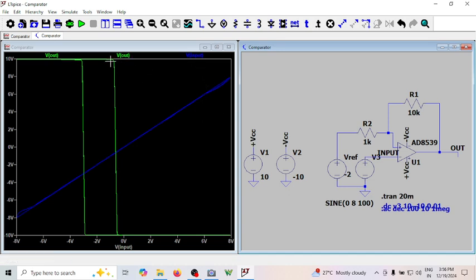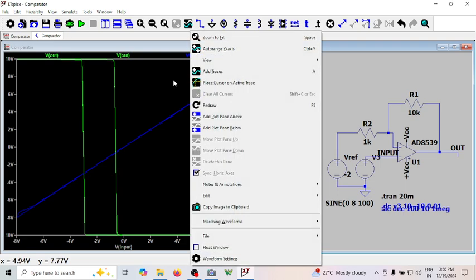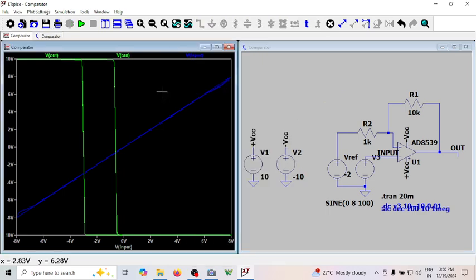Can you see this is your hysteresis? How do I take out the trace? Delete trace is there, or you can just use this delete symbol. Because there are two outputs, this corresponds to VTH, this corresponds to VTL.